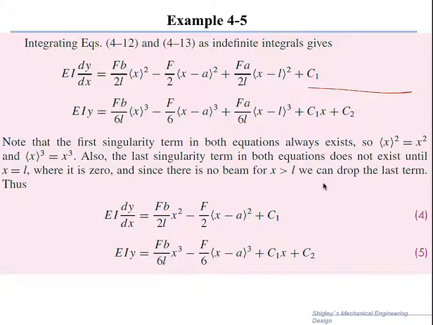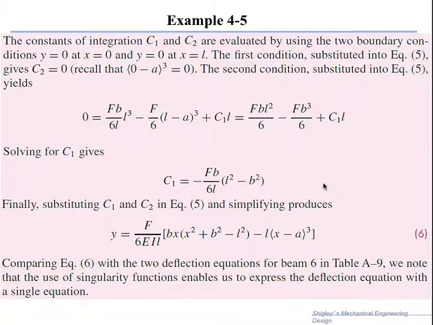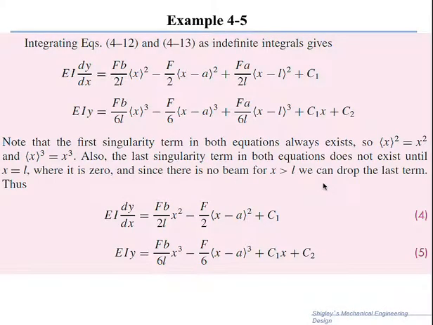The boundary conditions are that y is equal to 0 at x equals 0, and also y is equal to 0 at x equals L. If we substitute x equals 0, then we find that C2 is equal to 0. And then we're left with only the value of C1 to be determined.